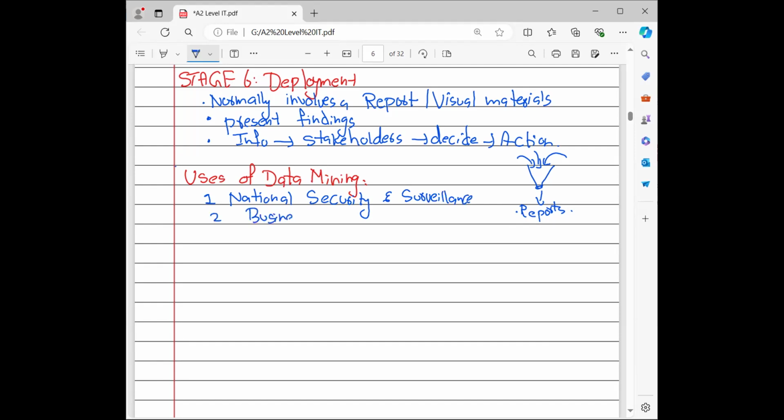It can be business uses. It can be research uses. It can be used in healthcare. It can be used in ethical and privacy implications. So let's discuss these uses one by one.